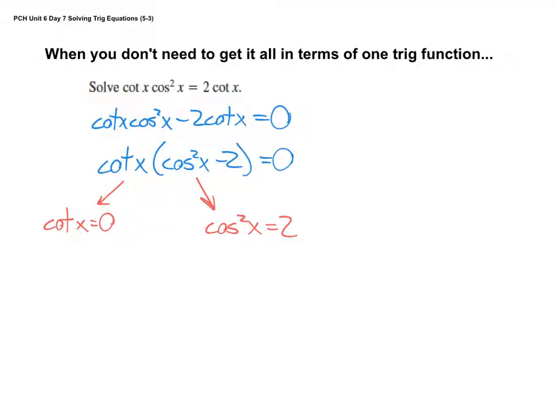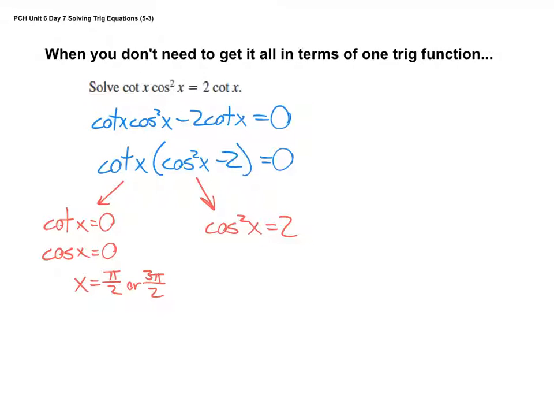Then it's pi over 2 or 3 pi over 2. So you have x equal to pi over 2 or 3 pi over 2, okay? This is a little tricky, so we gotta be careful with it.